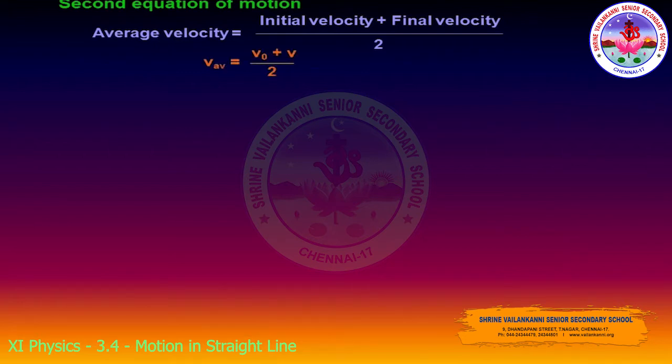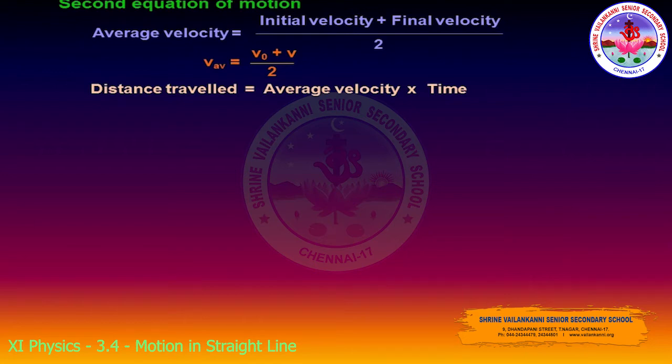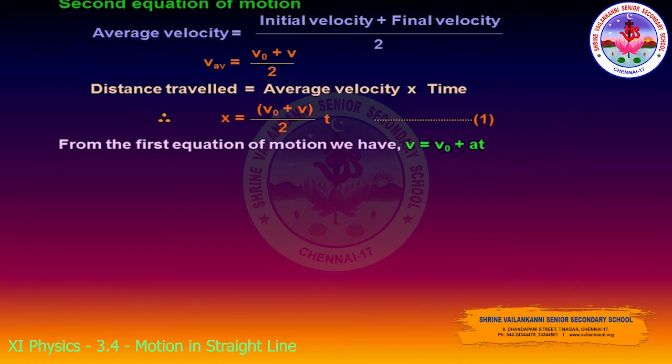So v average is equal to v naught plus v by 2. Distance traveled equals average velocity times time, so x is equal to v naught plus v by 2 into t.